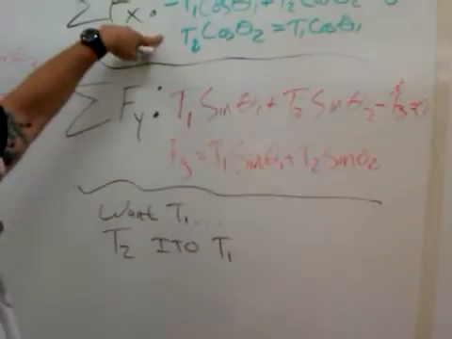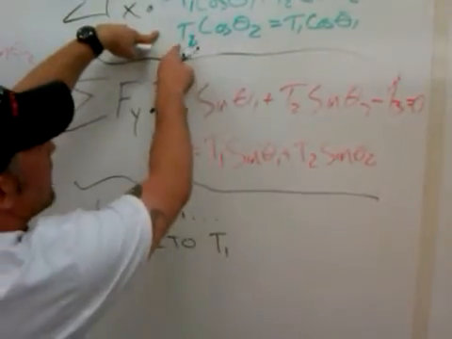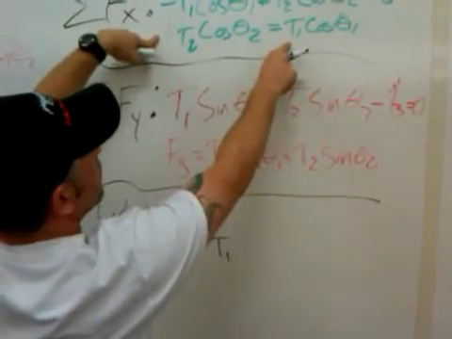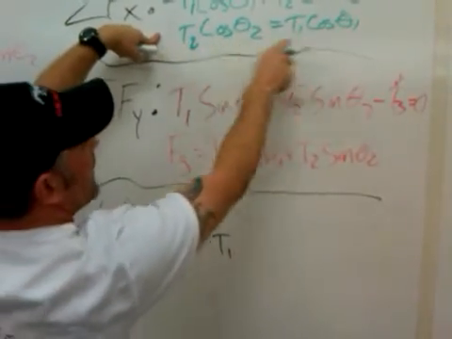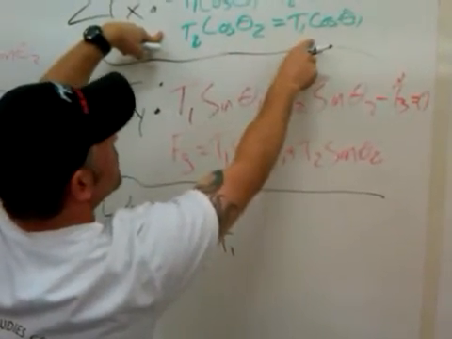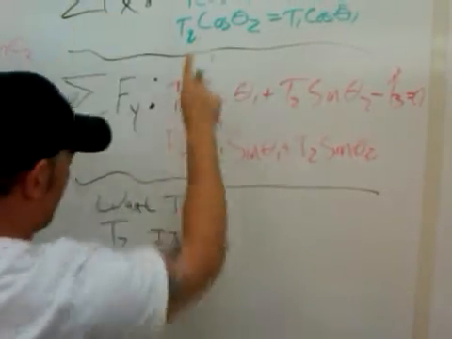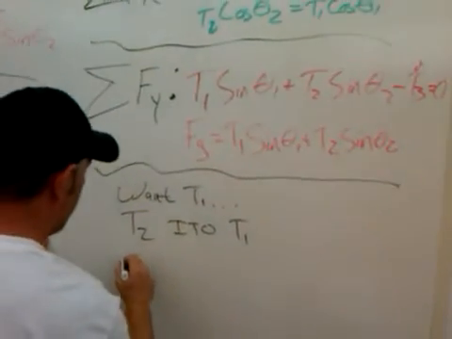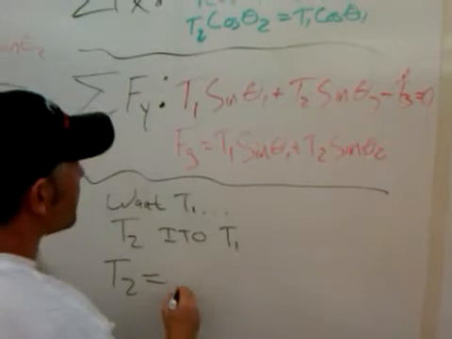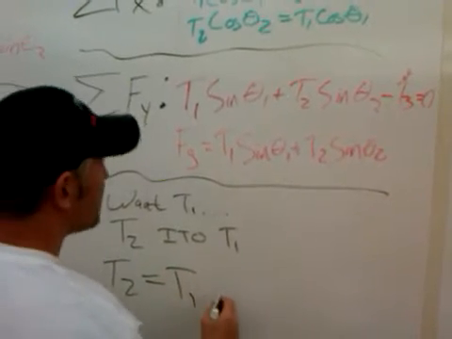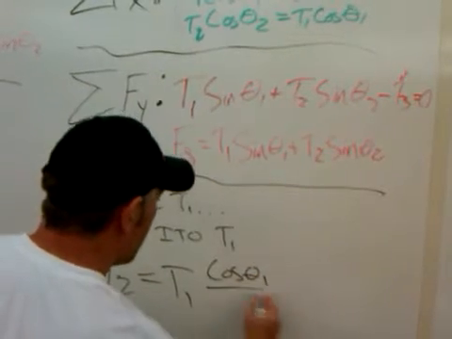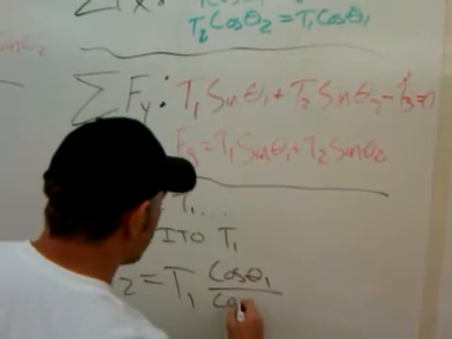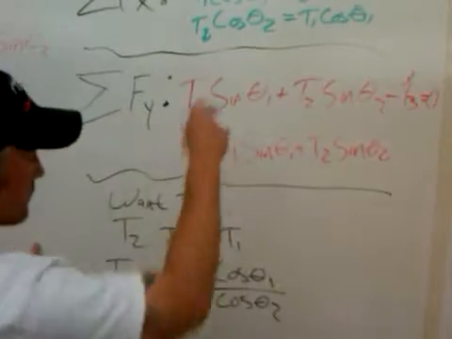So if I go back up to my x equation, I can see I've got T2 here and I've got a T1 over here. Well, just your normal algebraic manipulations, I can say, if I divide each side by this cosine of theta 2, I end up with T2 all by itself. So I can say T2 equals T1 times the cosine of theta 1 over the cosine of theta 2.